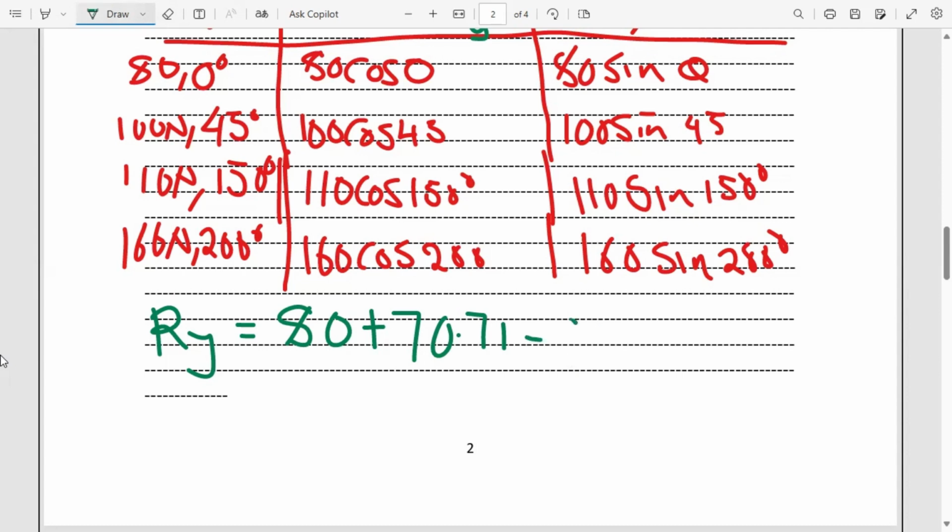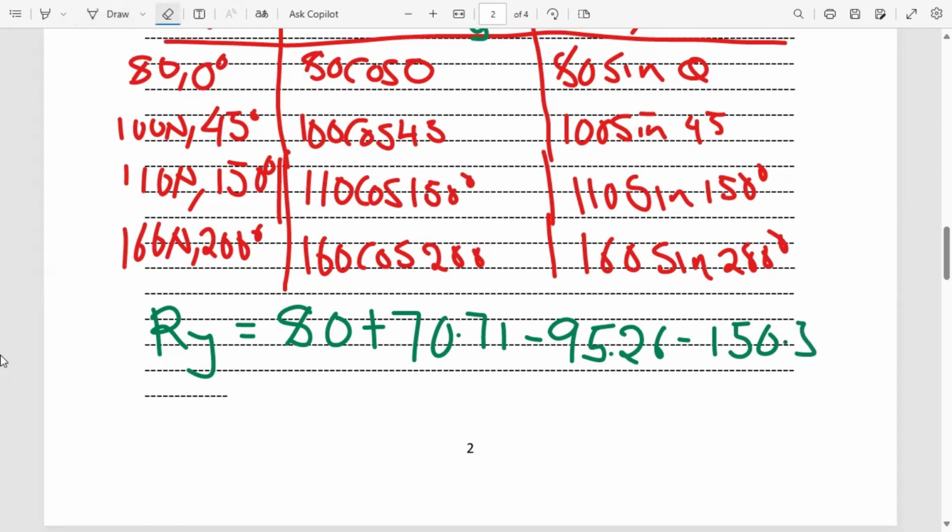So say minus 95.26, then plus 160 cos 200, of which this should also give me a negative since it was pointing in the negative x direction. 160 cos 200 is giving me negative 150.35.